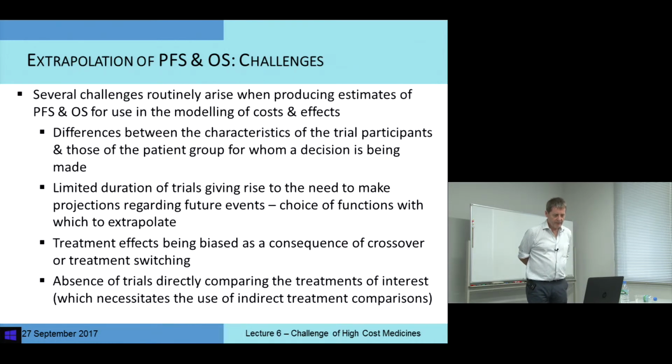The second one is the one I was just emphasizing, that trials have limited duration, and so you have to try and predict the future from the trial, what happens next. And that's difficult because there are different ways of doing it, and the different methods give you different answers.